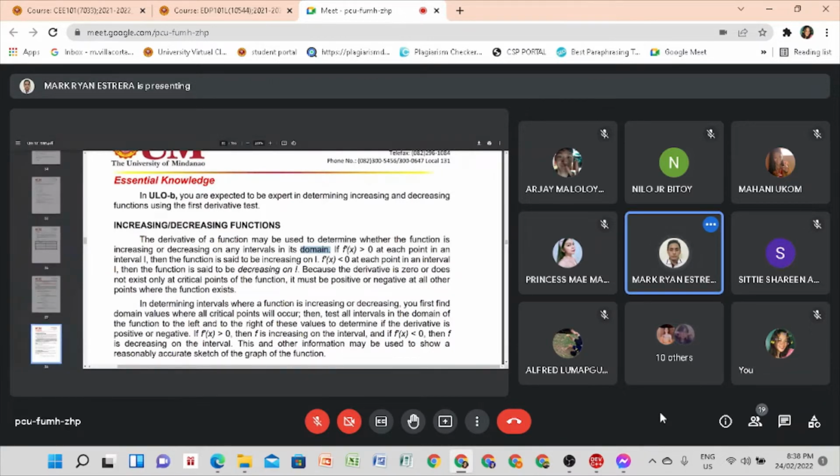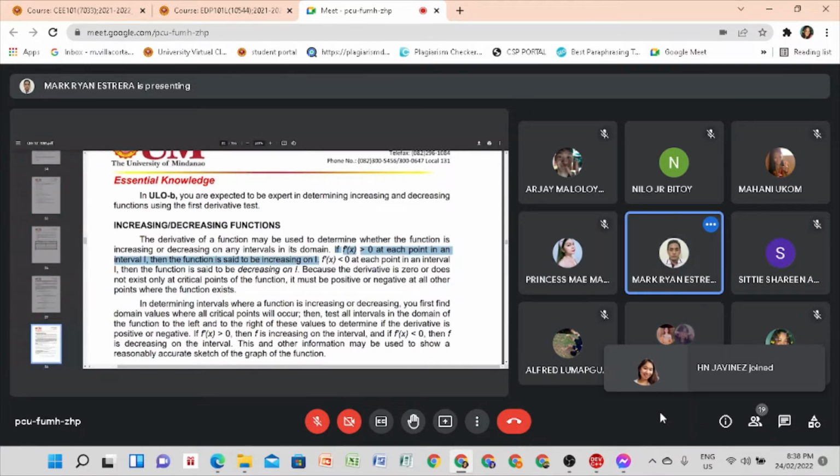So, if f prime of x is greater than 0, so you remember this, if f prime of x is greater than 0 at each point in an interval I, then the function is said to be increasing. Pasabot kung nami kay interval at your first point, kung itay gani, ang imuang f prime x value, ang gawas dira is greater than 0, the function is said to be increasing.